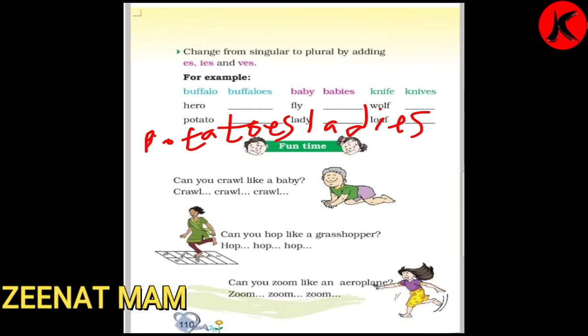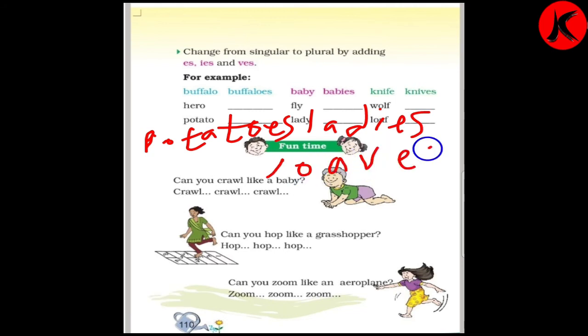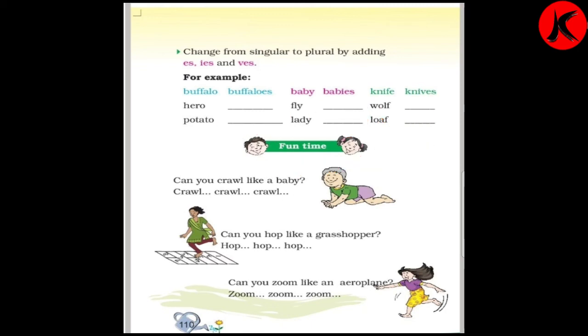Ladies, ladies. Loaves, loaves. So again we will say buffalo, buffaloes, baby, babies, knife, knives, hero, heroes, fly, flies, wolf, wolves, potato, potatoes, lady, ladies, loaf, loaves.